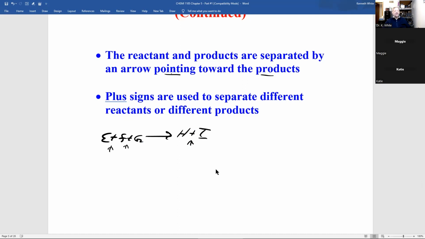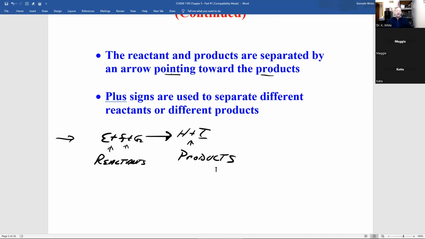In this chemical equation for the chemical reaction, if I react E and F and G together, I will make H and I. Remember, at the base of the arrow are the reactants, and at the head of the arrow are the products. And this you should know.